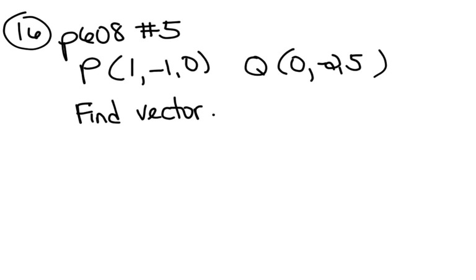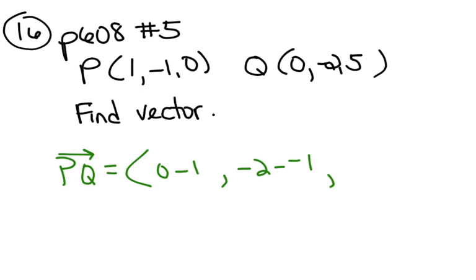Number 16, page 608, number 5. When you have 2 points, the initial point and the terminal point, you find the vector in exactly the same way. You'll just have 3 components. So vector PQ is going to be 0 minus 1, comma, negative 2 minus negative 1, comma, 5 minus 0.